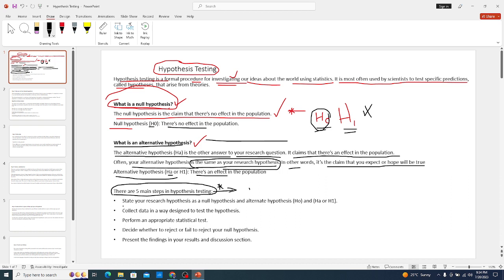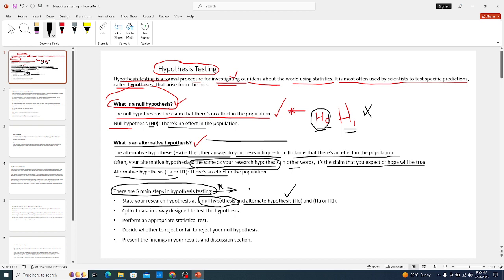Now, the first step is to state your null hypothesis and alternative hypothesis. So in your research, you have to state the null hypothesis and the alternative hypothesis. Definitely the null hypothesis will try to show no significant difference in your research, and the alternative will try to support your research topic.